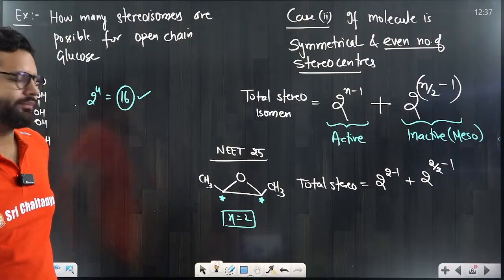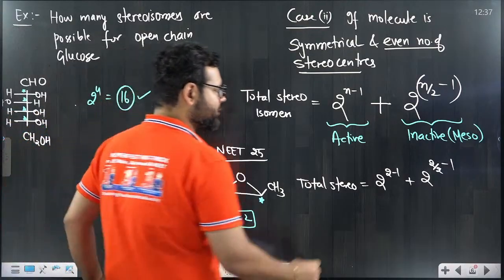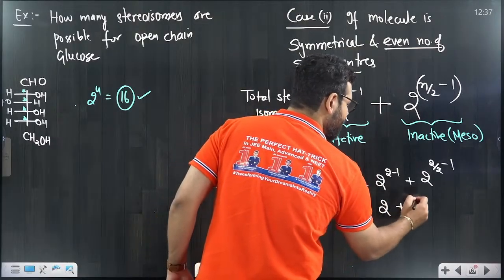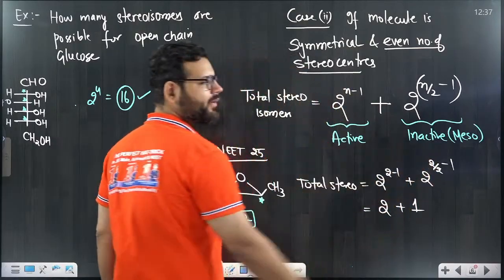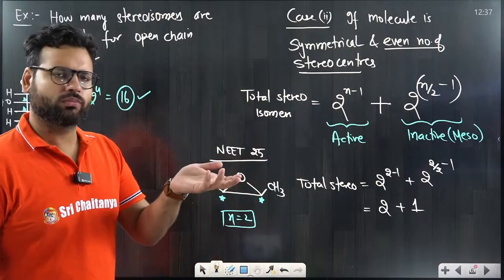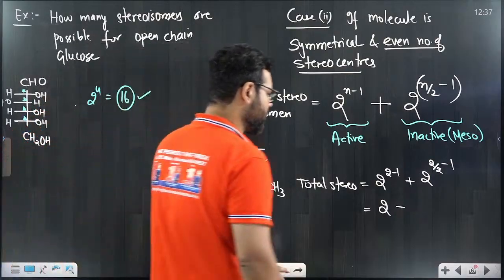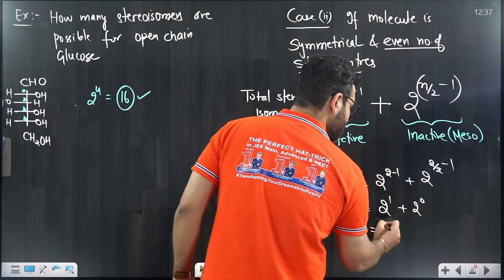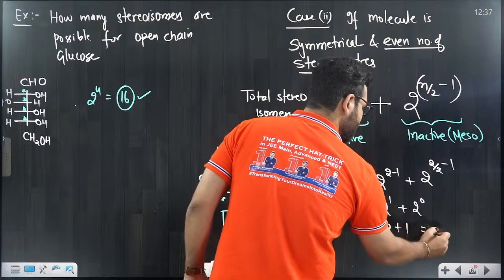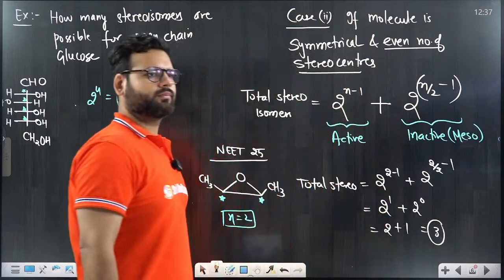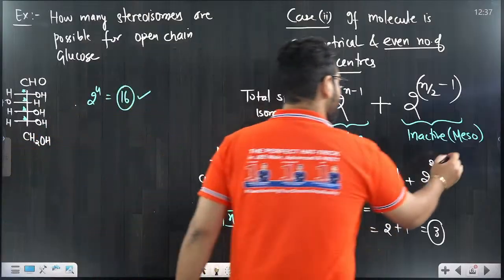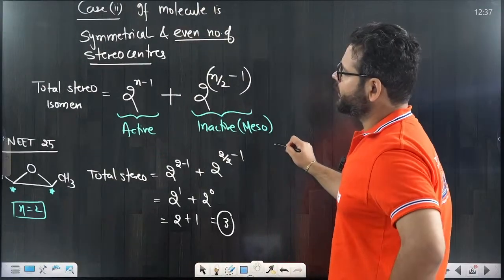See carefully. 2 to the power 2 minus 1, which is 2 to the power 1, 2 active, plus 1 inactive: 2 to the power 1 minus 1, 2 to the power 0. So here we got 2 to the power 1 plus 2 to the power 0, which is 2 plus 1, which is 3. 3 isomers are possible here. Now, how can I say 3 isomers?